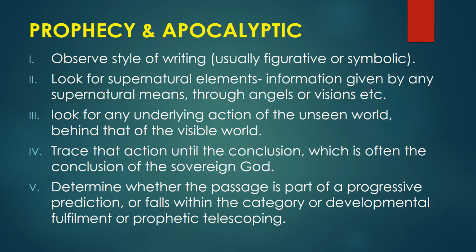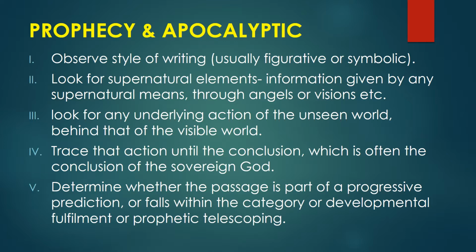So you're going to trace that action until the conclusion, which is often the conclusion of the sovereign God. Tracing that action is going to give you a better understanding of the meaning the author is trying to convey.